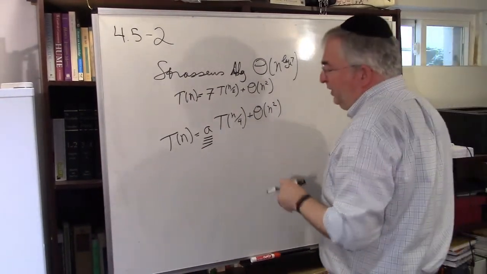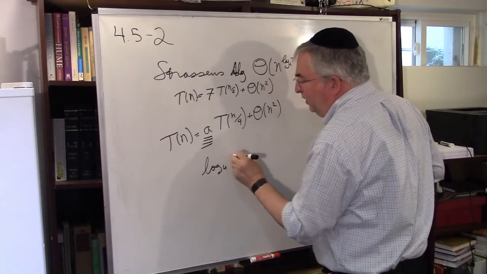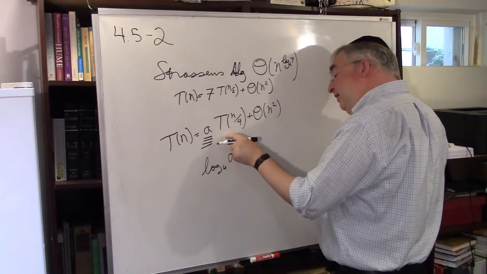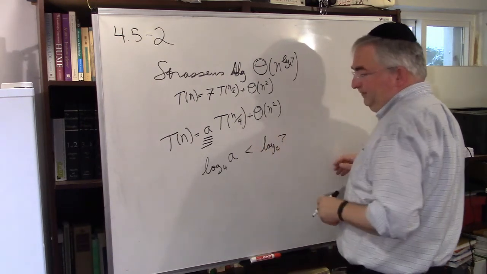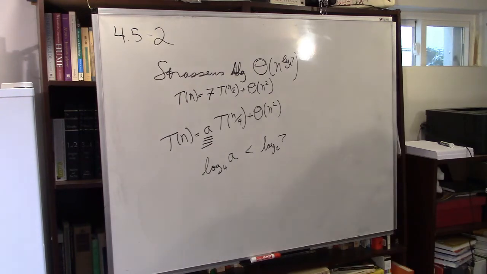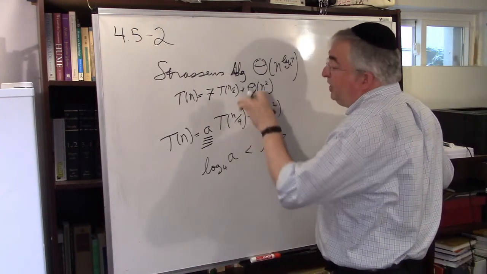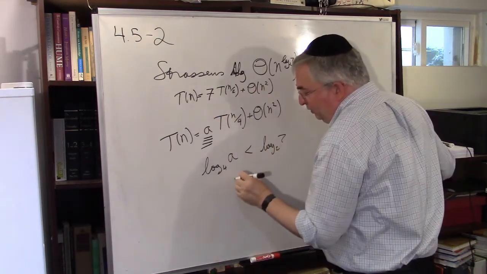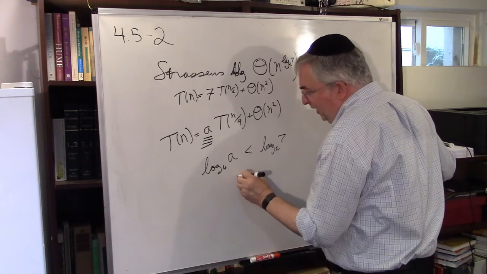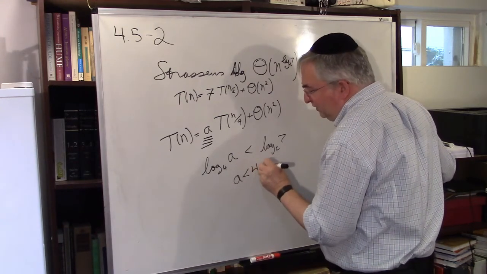The way to do this is as follows. We have to compare log base 4 of a versus log base 2 of 7. As long as this is true, then this outcome will be better than this outcome. If you solve for a here, you have a is less than 49.